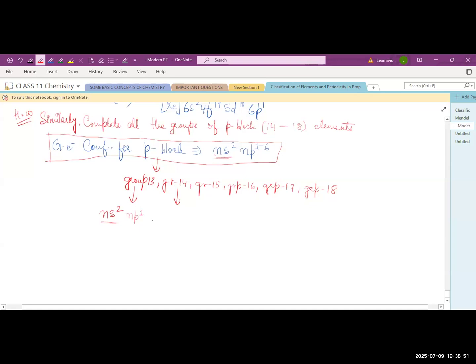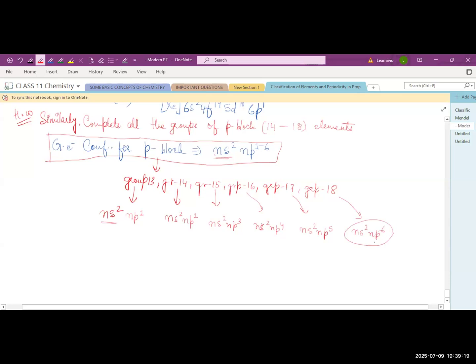For group number 14, it will be ns2 np2, right? Group number 15, ns2 np3. Group number 16, ns2 np4. For group number 17, ns2 np5. For group number 18, ns2 np6.